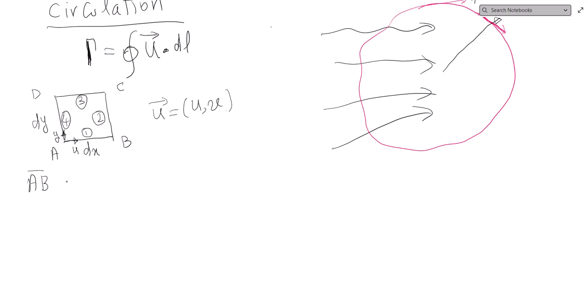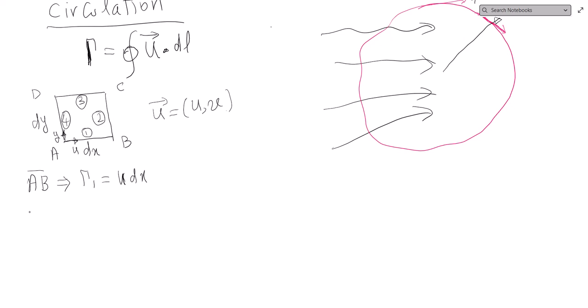The line AB gives me gamma 1, which is u, the velocity tangent to this path, and the length is dx.